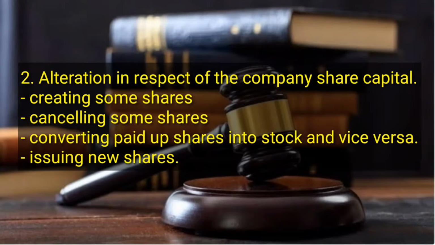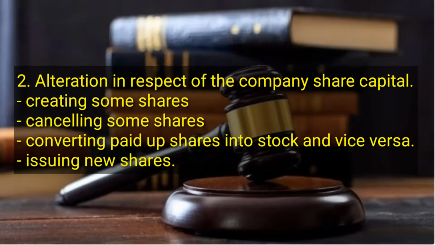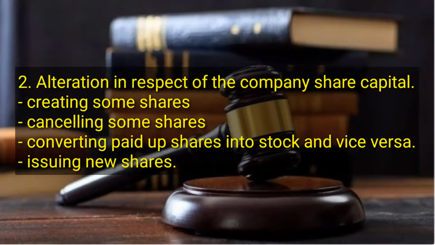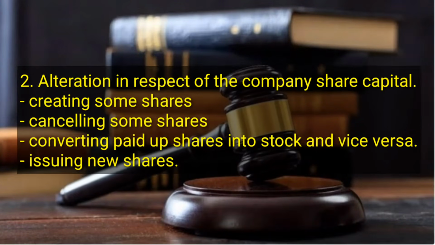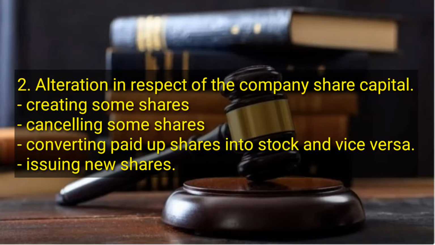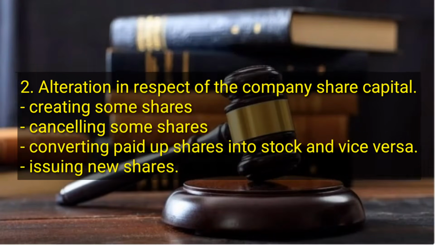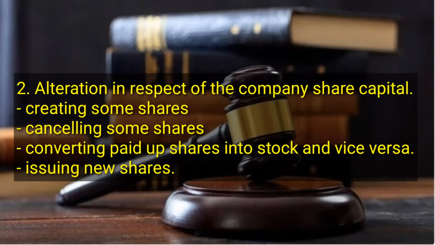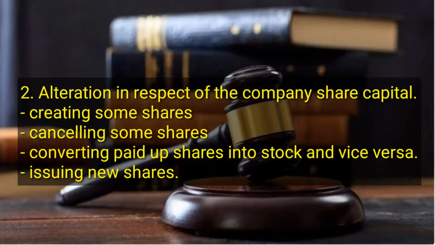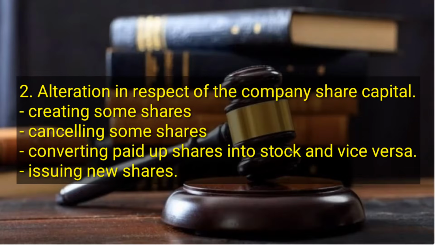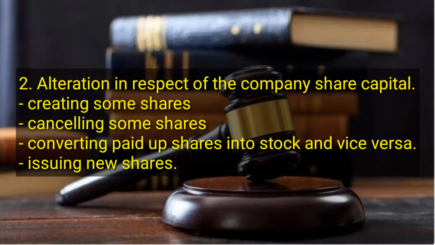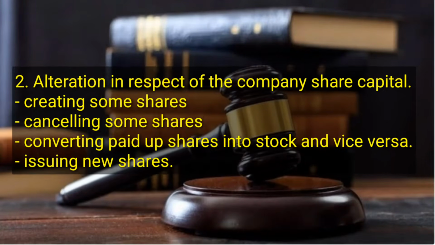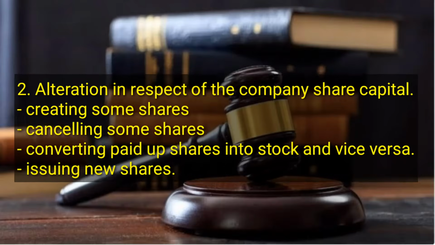And according to Section 63 of the Companies Act, such alteration of share capital must have been authorized by the Articles of Association or the AOA. When the company is creating some shares, or when the company is cancelling some shares, or when the company is converting paid-up shares into stocks, and lastly, when the company is issuing new shares.